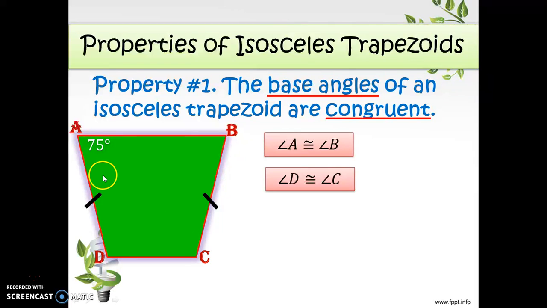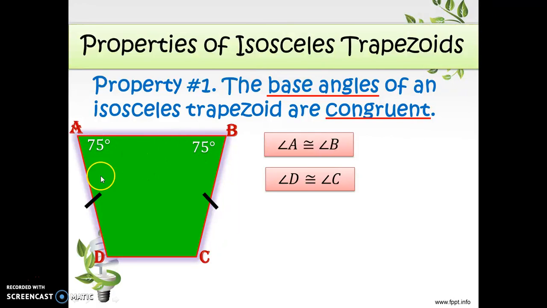For example, let's say angle A is 75 degrees. So since it is an isosceles trapezoid, we can say that the base angles are congruent. So therefore, angle B is also 75 degrees.